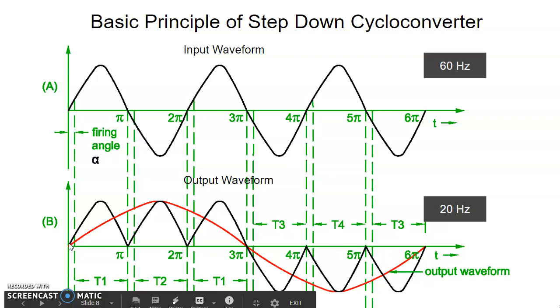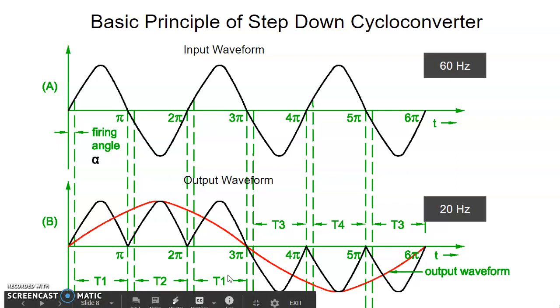So these three positive half cycles act as one half of the positive cycle, and these three negative half cycles act as the other half of the negative cycle. So these six cycles now become one cycle.